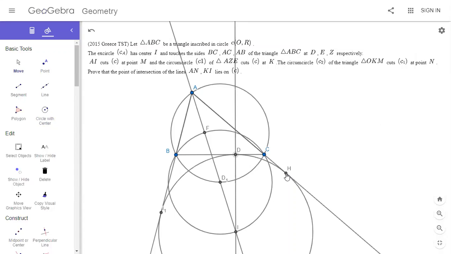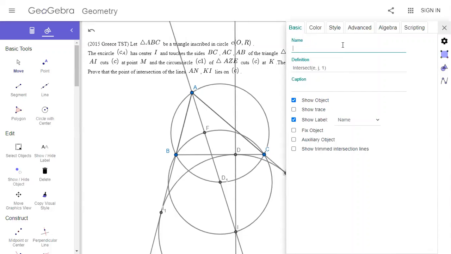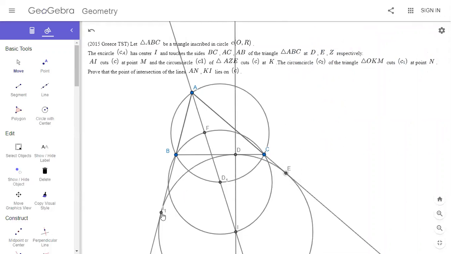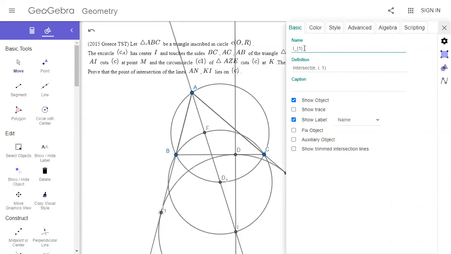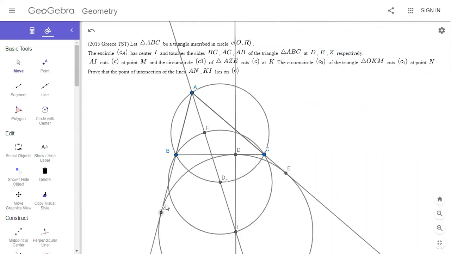Tangent to AC at E. Z. Why would it be tangent to AC at Z? Yeah, I feel like they're really trying to mess with us here, right? Like they will call the circumcenter H. All right. AI.